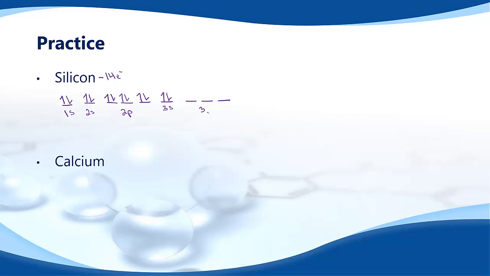Label them as 3p. So I have 12 electrons so far. This is 13. This is 14. I can only draw 14 electrons in, so that means that I'm done. This is my final orbital diagram for silicon. All right, once I hit the number of electrons, I just stop.